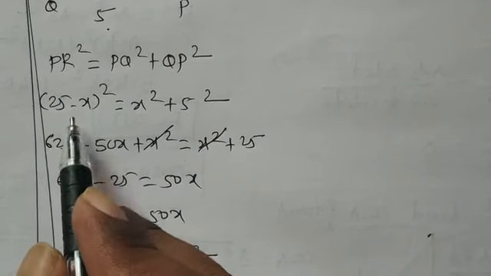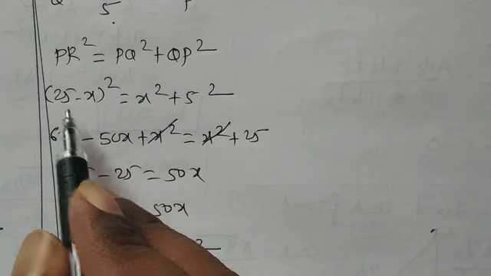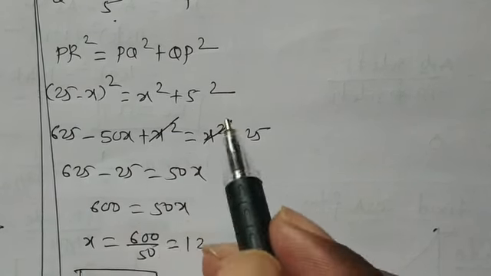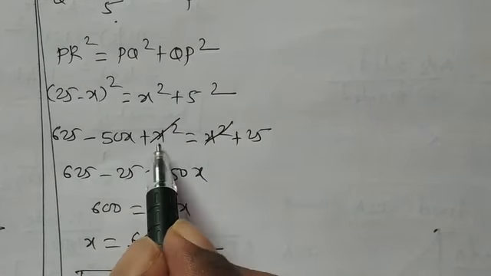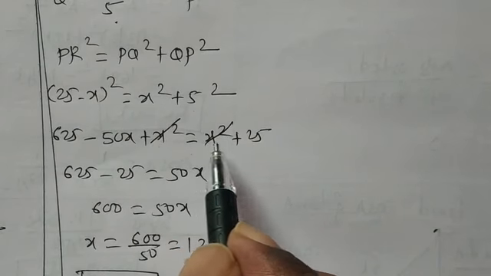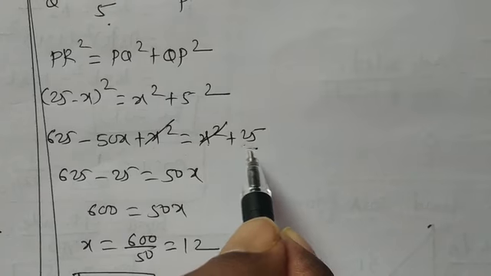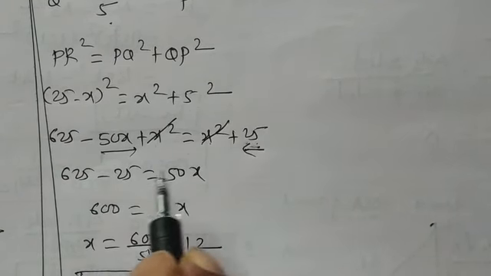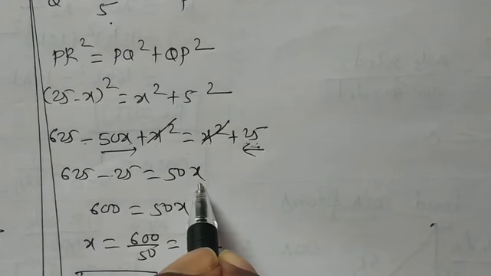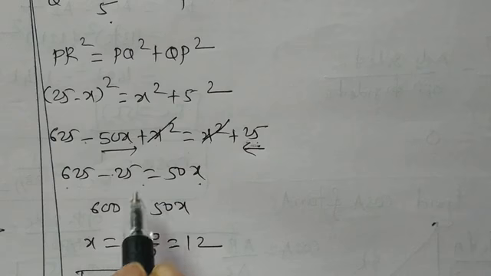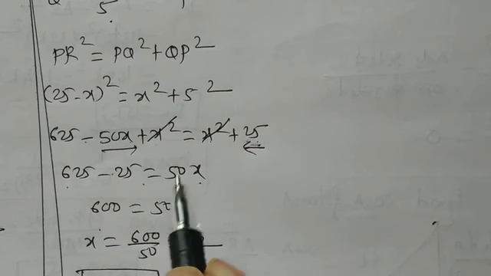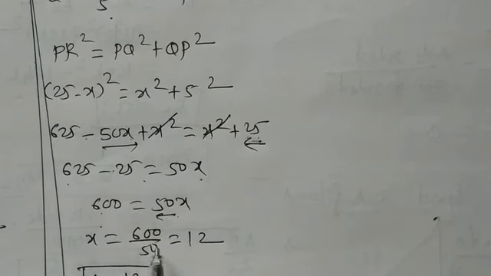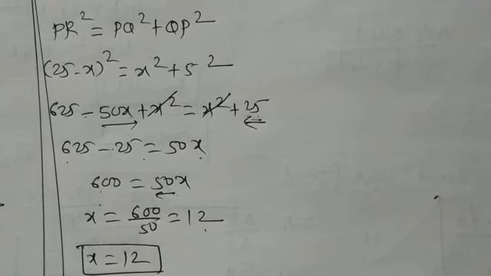So that is 625 minus 50x plus x square is equal to x square plus 25. Both have the x square term, so it will be cancelled. Now 25 we can shift here and 50x we can shift there. It will be 625 minus 25, that equals 600, and it will be 50x. 600 divided by 50, that answer is 12. So x equals 12.